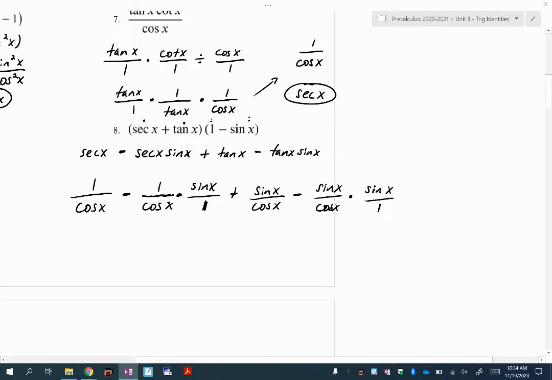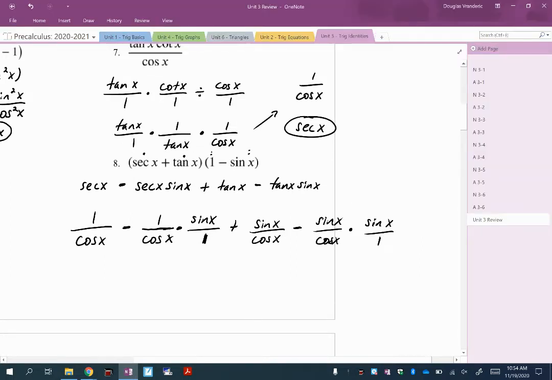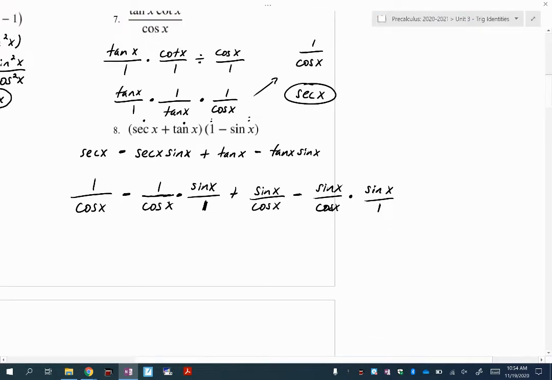Now, I know it might not be something you see with your brain right now, but this right here, negative sine of x over cosine x and positive sine of x over cosine x, that actually is going to make 0. All right, so again, the negative 1 times sine of x is sine of x. Cosine x times 1 is cosine of x.